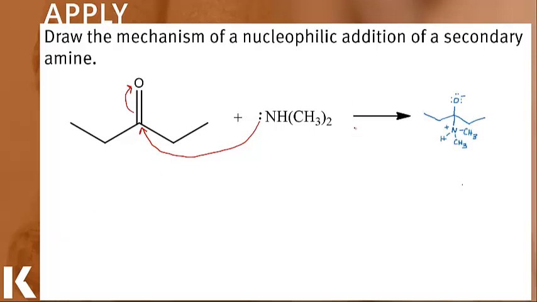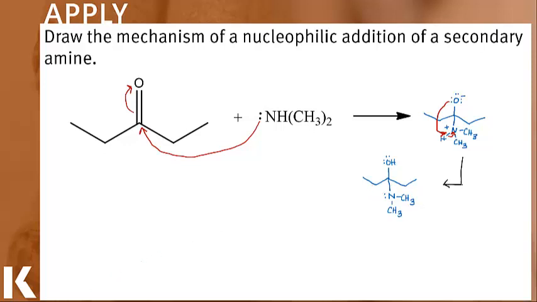Now I have a negatively charged oxygen and a positively charged nitrogen. The negatively charged oxygen is going to come down here and grab one of these hydrogens so that it can leave the nitrogen. Once that oxygen grabs that hydrogen, I'm going to end up with a neutral hydroxyl group and a neutral amine or ammonia derivative.